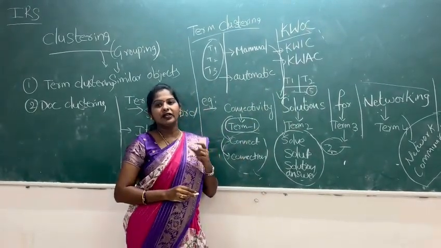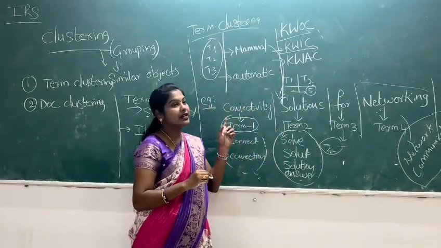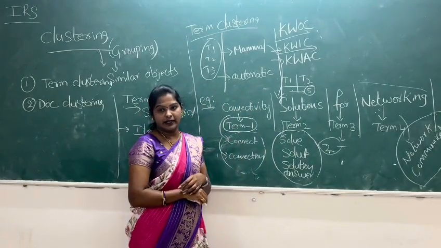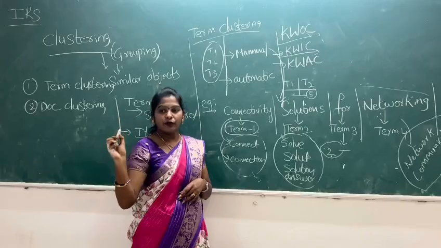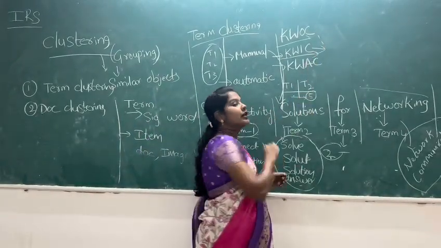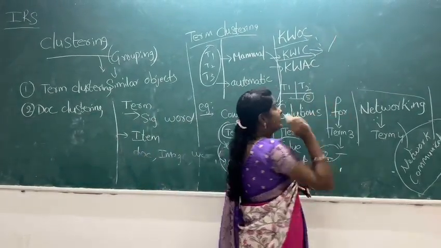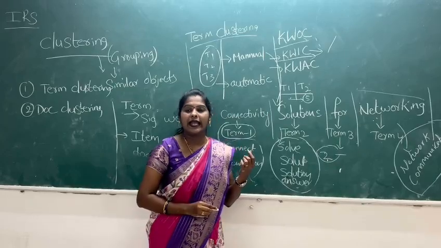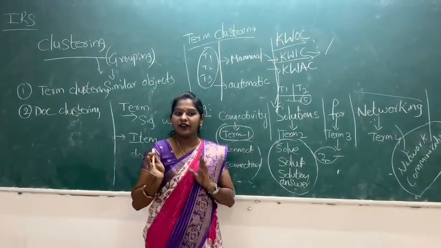Next one, keyword in context. Here we will be having the keyword within the context. So we have to know what the starting point and the ending point are. For this we are using a slash character. The slash indicates the end of the statement or end of the phrase.